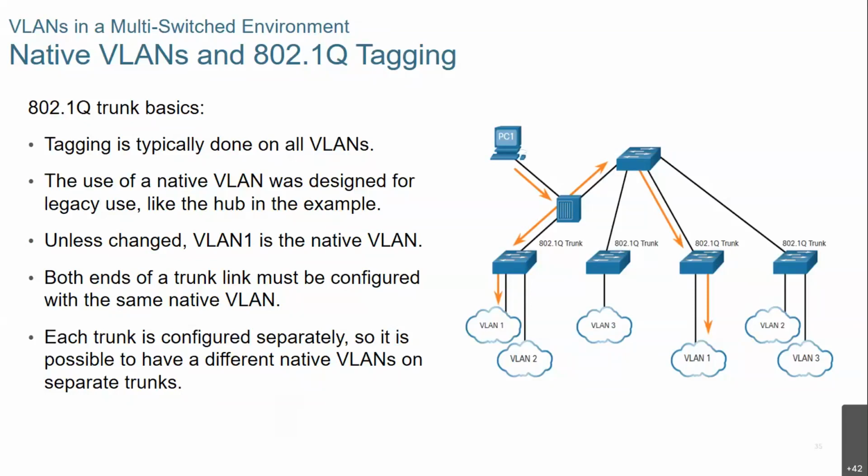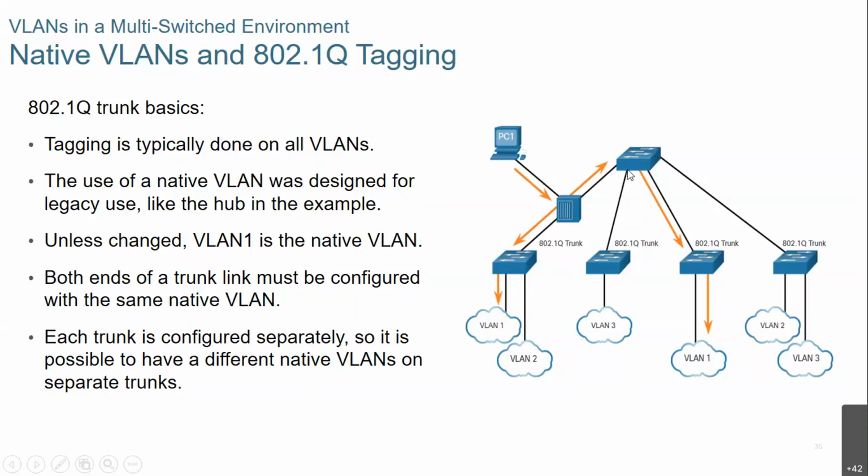One thing about trunks is that both ends of the trunk must be configured with the same native VLAN. For example, if here the native VLAN is configured as VLAN 99, here it must also be VLAN 99, so that they can actually understand each other.